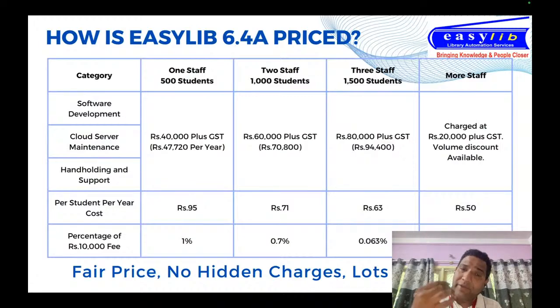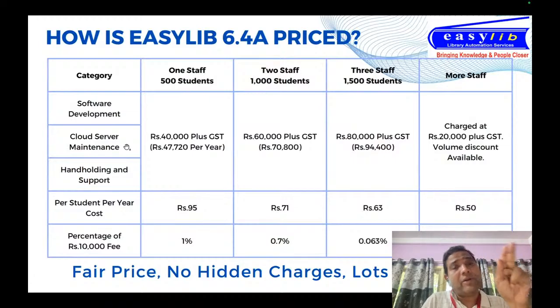On the other hand, we ourselves give a lot of freebies in the software itself. When you buy this much, you get some more components free in the software itself. So how we have priced is like this. The cost of software development, the cloud server procurement and maintenance, handholding and support for the entire year are all included.